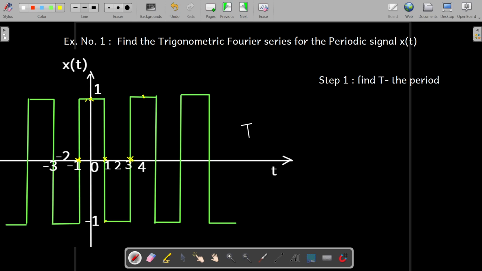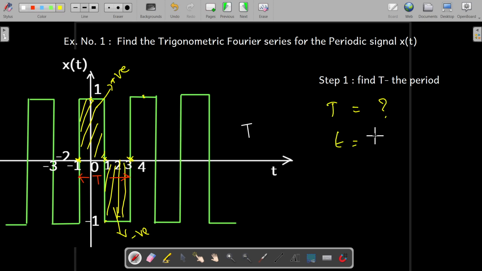So this is a complete pattern, a single pattern. We have the positive half cycle as well as the negative half cycle, taken as one complete cycle, for which we can have this T. So T is the time axis where we get the single pattern, starting from -1 to 3.